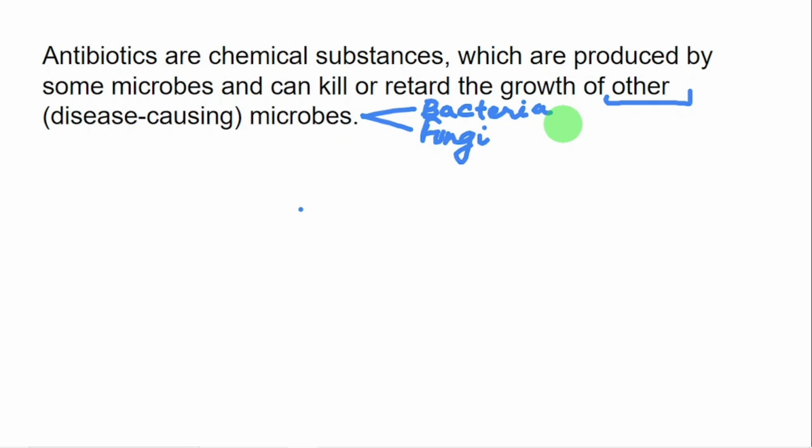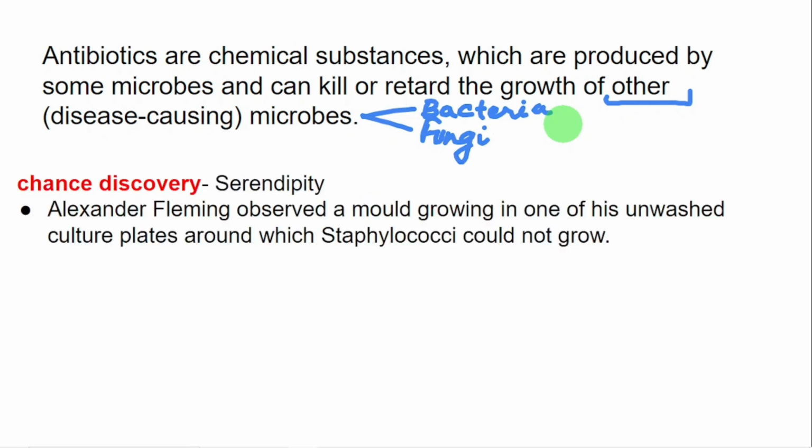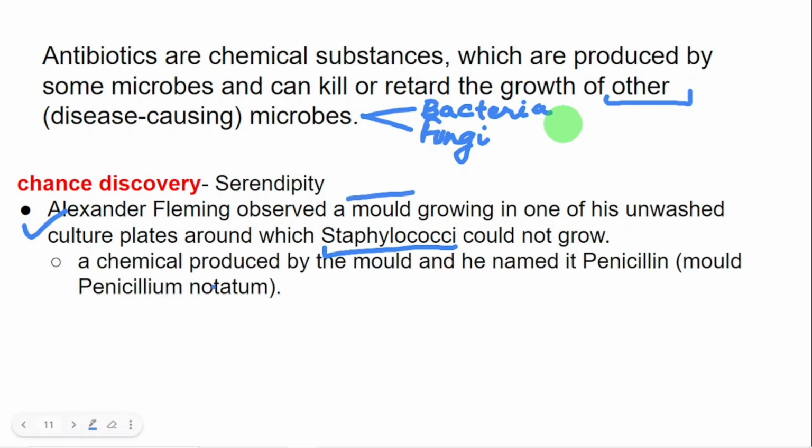The initial discovery was a chance discovery, serendipity. So Alexander Fleming observed that staphylococcus were inhibited by a mold. So later the chemical produced by the mold was named penicillin because the name of the mold is Penicillium notatum.